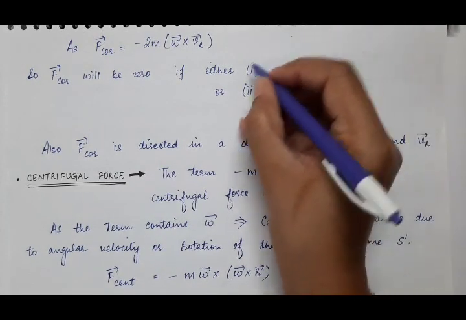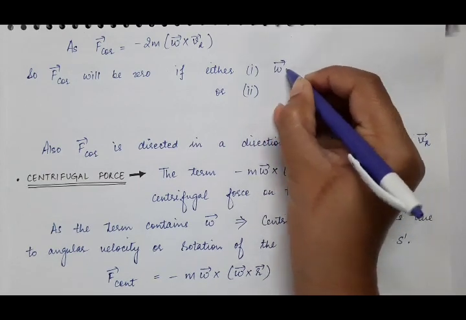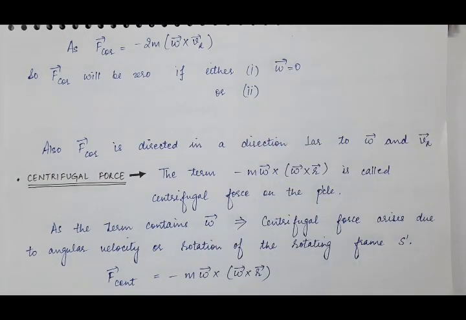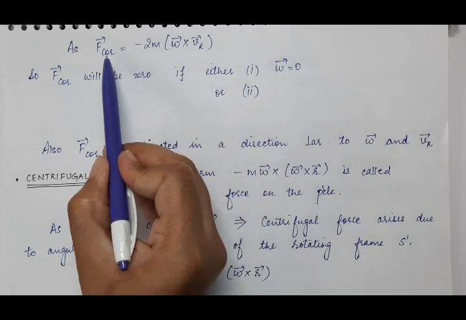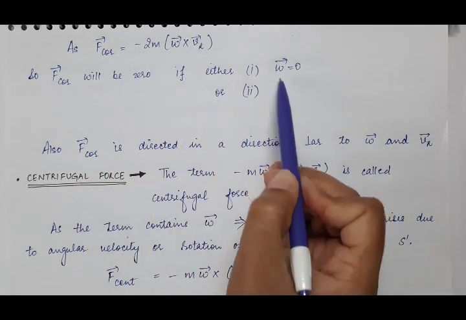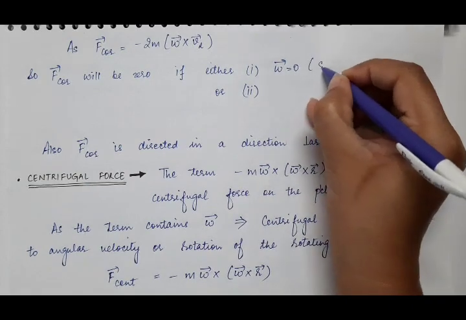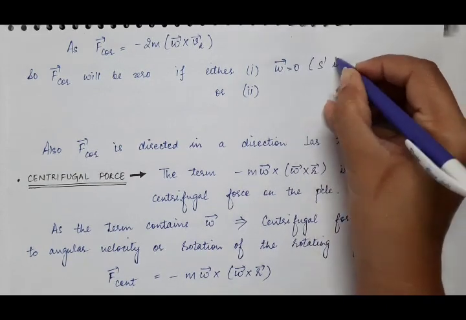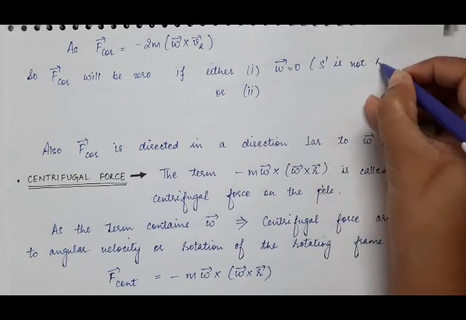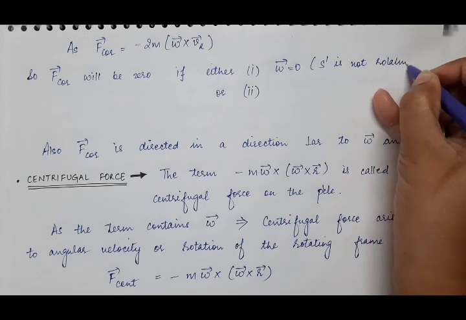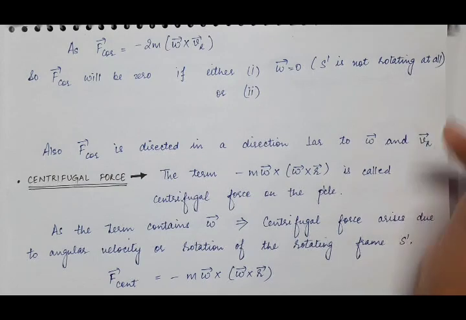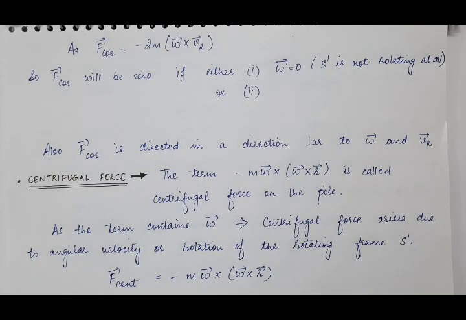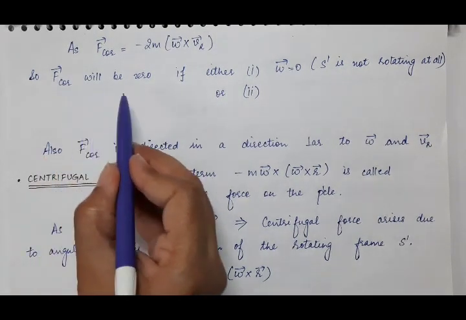Then this F Coriolis will be 0. If its angular velocity is 0, it is not rotating at all, so at that time this Coriolis force will be 0.